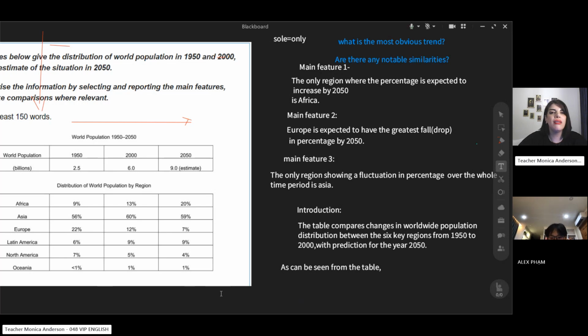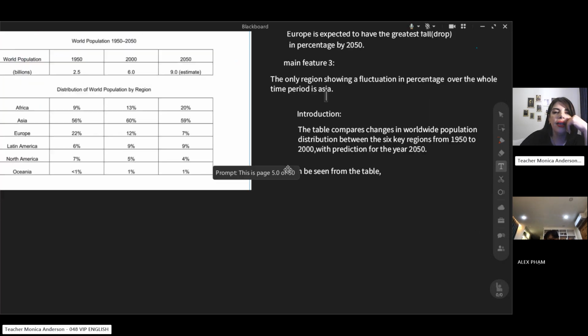The best condition and the best form? I know the comparison with Africa and Europe, the main feature 1 and 2, and the second paragraph is Asia. Of course, perfect. Well, so let's write.